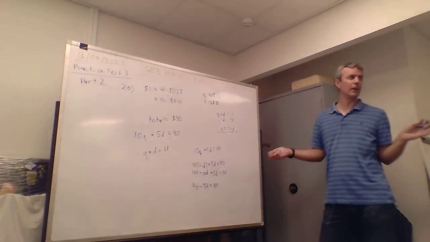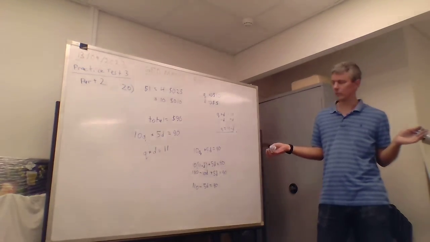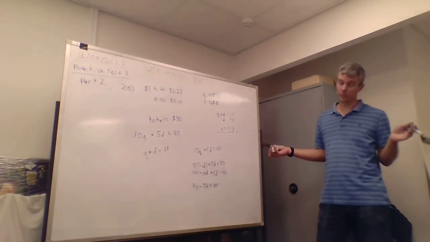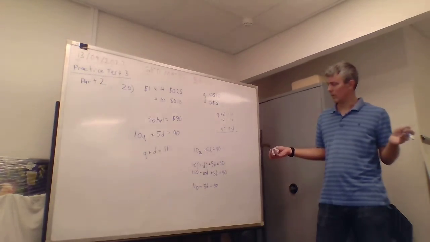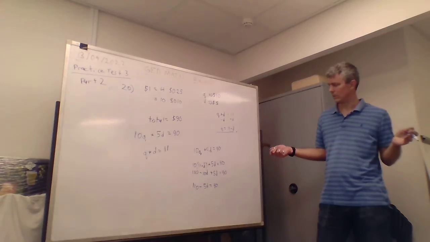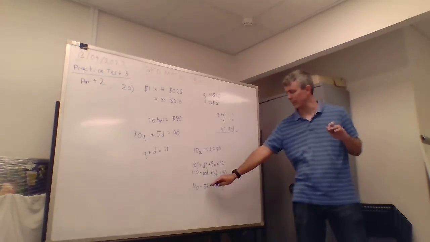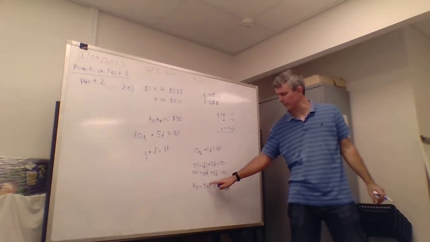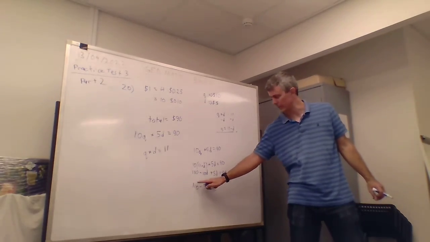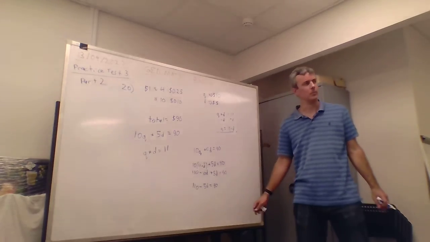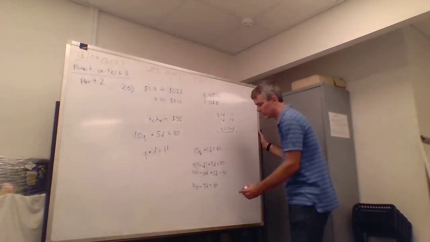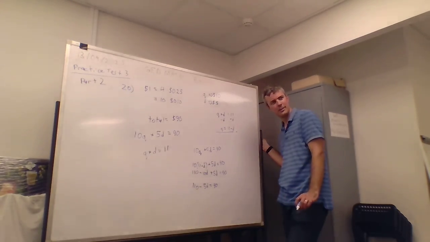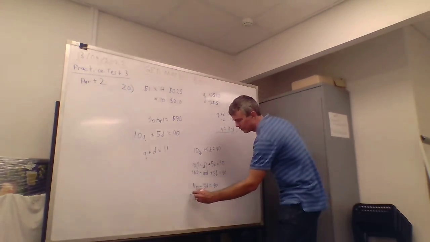Okay, now we want d by itself, right? So what do we do? We want to get the d variable by itself, so we want to get rid of the constant. Move it to the other side. So we subtract 110 from each side.